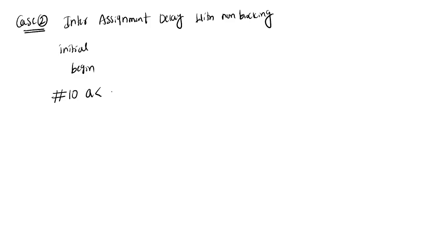So the delay is before the variable. A is non-blocking with 10. This is NBA, non-blocking assignment, and hash 15. A is non-blocking with 1. Okay, and end.